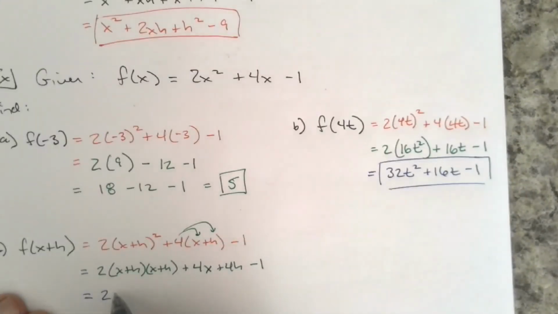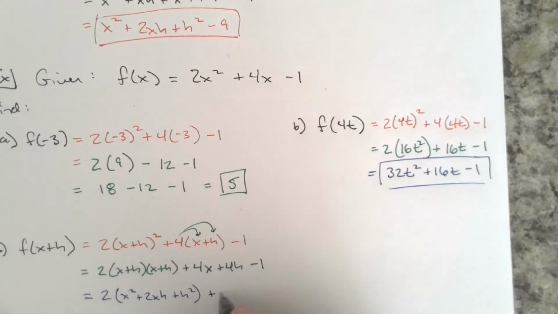So x times x gives you x squared. From the outer, you would get x times h, which gives you xh. From the inner, you also get xh, so that's plus 2xh. And then from the last, you get plus h squared. Close those parentheses off because the 2 is being multiplied just to that term. And then plus 4x plus 4h minus 1 will just come through.